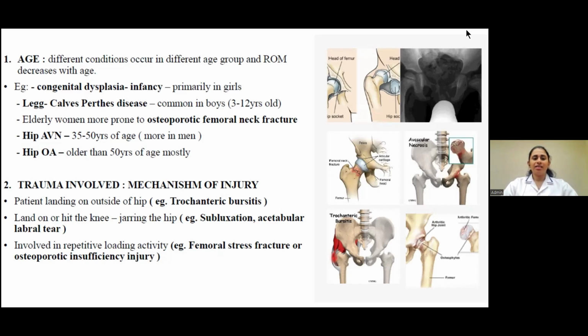Then there is a fall directly landing on the lateral side of the hip, which is going to cause trochanteric bursitis. Again, if there is repetitive loading, it can cause a stress fracture of the femur, and sometimes it can be an insufficiency injury also.